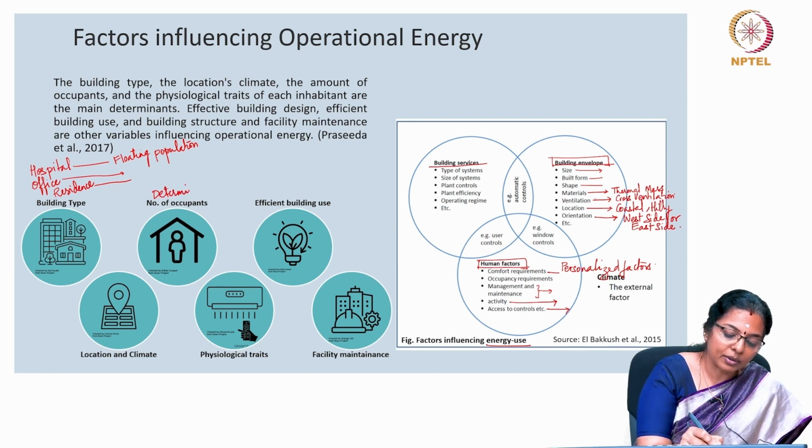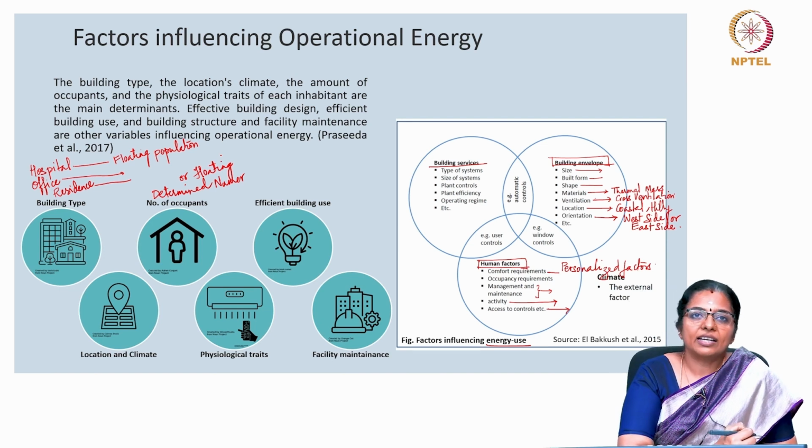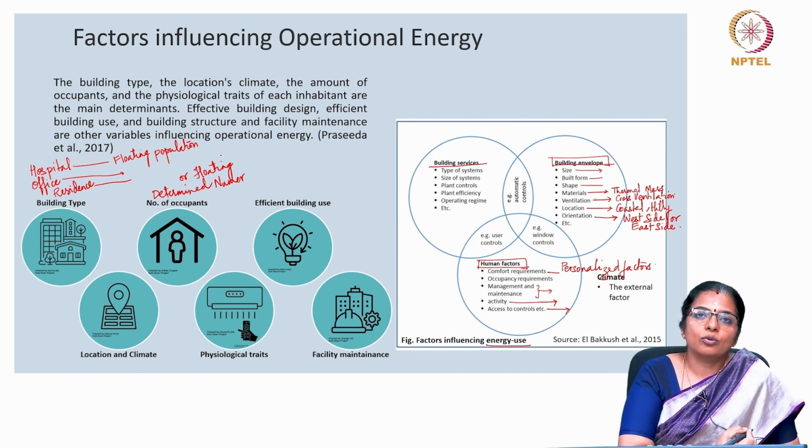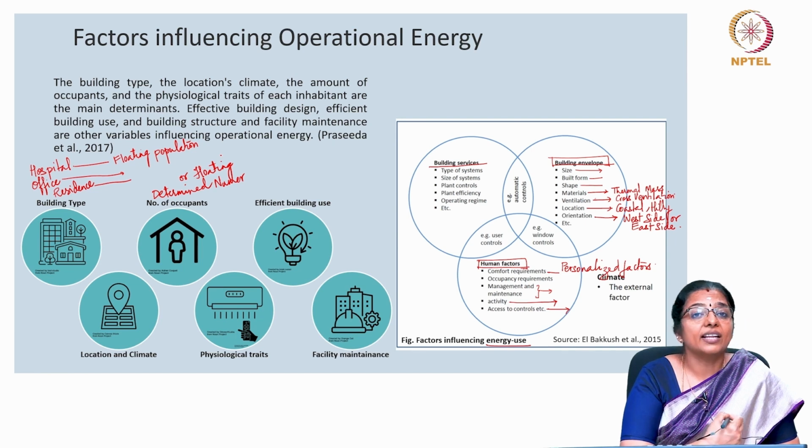So, determined number or floating population. Why it matters? In a room, if there are 10 people, and in the same room if there is one person, each individual also radiates heat, and that can increase the temperature inside the room, and therefore that will increase the load on the air conditioner based on the number of occupants.